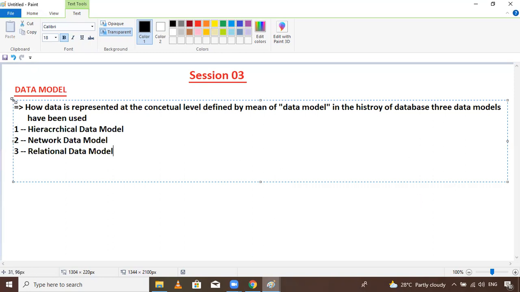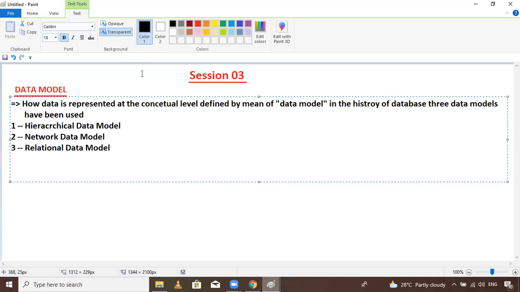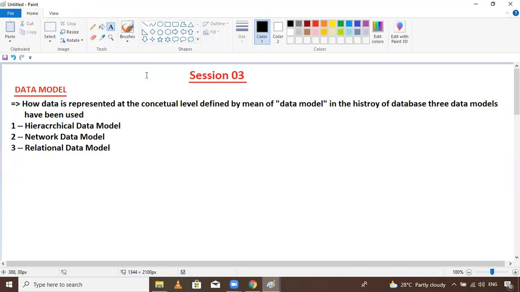So the first model we use is the hierarchical model.